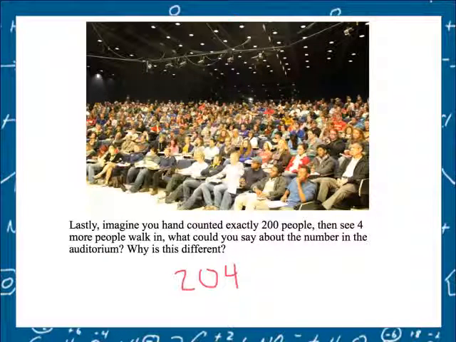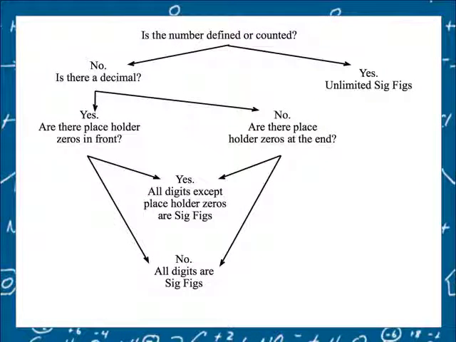So we're going to use a set of rules, and I'm going to get to a flow chart for that on the next slide. When we're looking at a measurement, the first thing I want you to ask is: is this number defined or counted? We're mostly going to be dealing with things that can't have fractions.